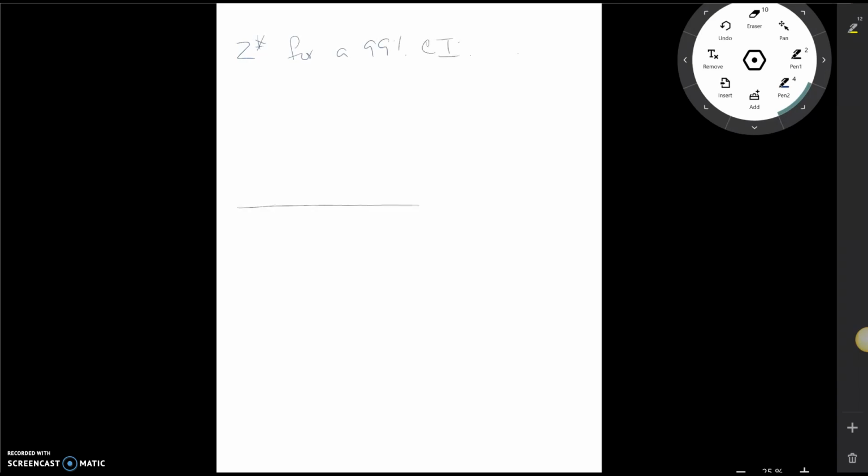Again, I'm going to draw my standard normal curve. It's centered at 0, but now we want 0.99 in the center. Well, if 0.99 is in the center, that means I've got 0.01 left over to split between the two tails. So I'm going to have 0.005 and 0.005 in each of the tails.